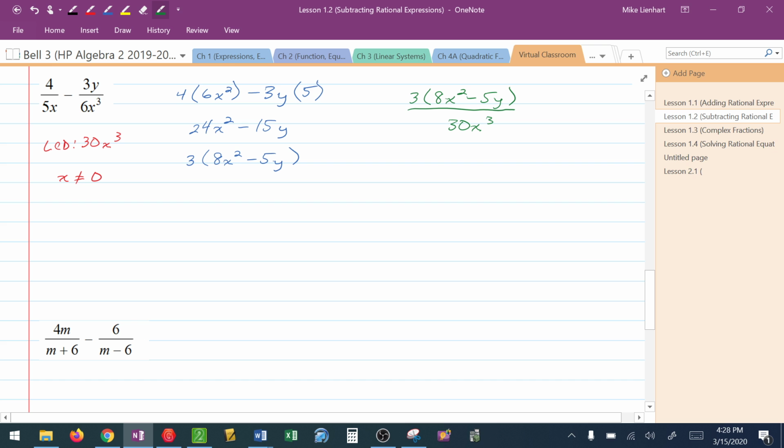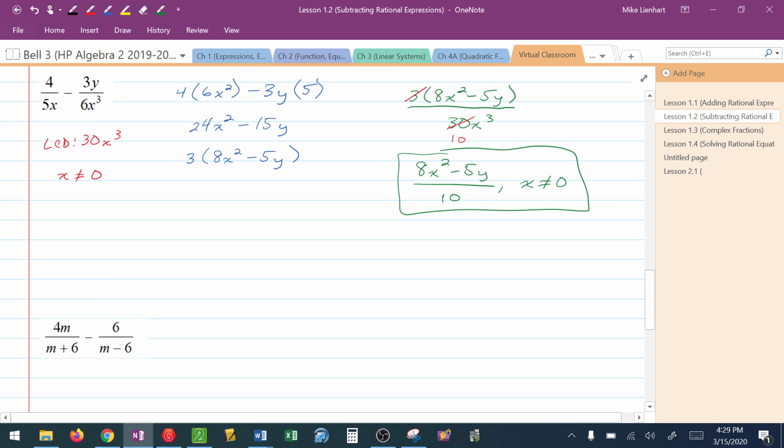All right, I notice that the 3 and the 30 can simplify, leaving me with a 10 down in the denominator. My end result would be 8x squared minus 5y divided by 10 with the restriction that x cannot equal 0.